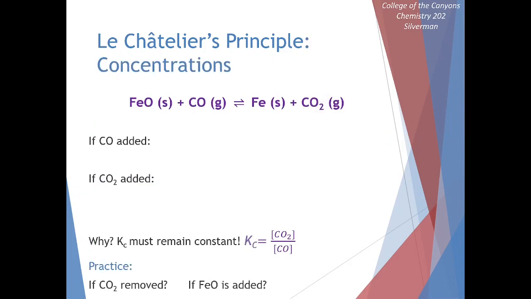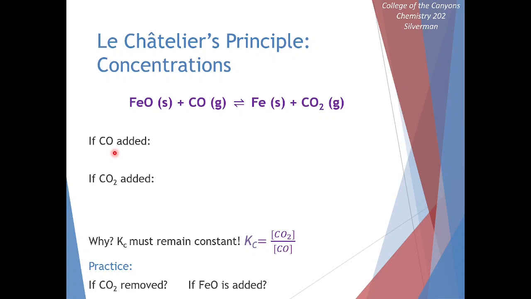We can start with an example. If we have this reaction of iron(II) oxide with carbon monoxide forming iron with carbon dioxide, this is a system that can reach equilibrium. Once it's at equilibrium, if more carbon monoxide is added to our reaction, this is a disturbance.